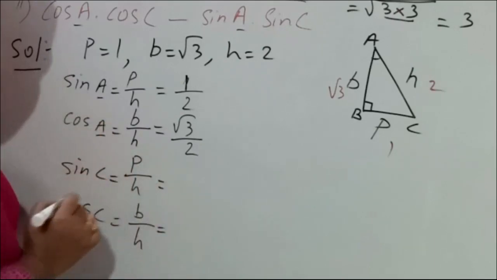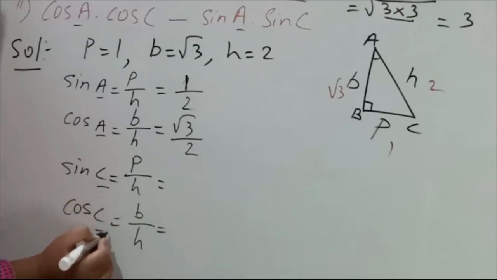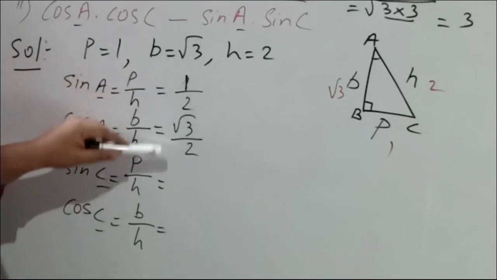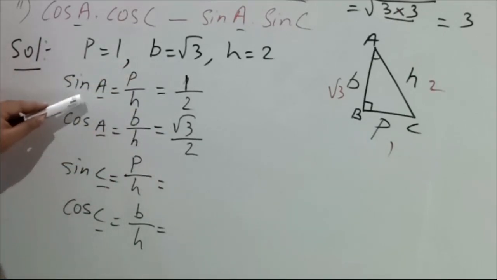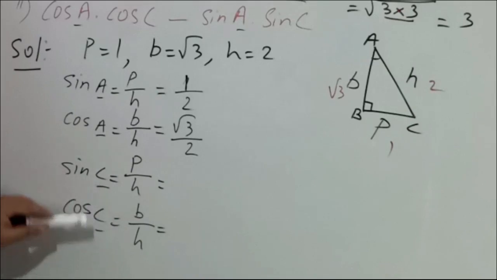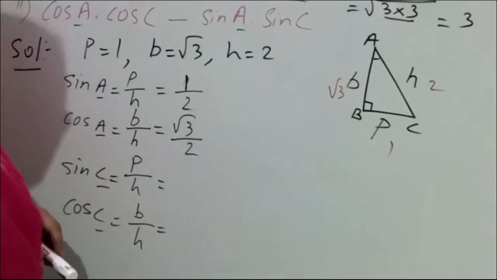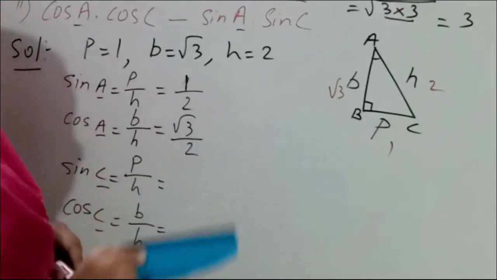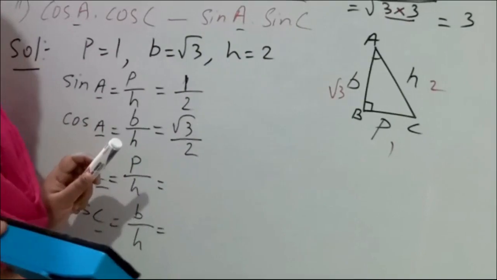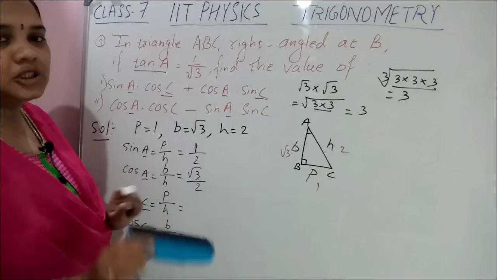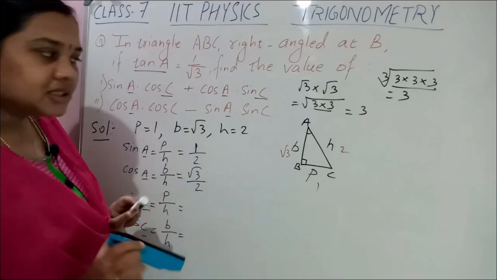But observe one thing: the angle of reference is now angle C. Earlier we calculated for angle A. As I already said, whatever the angle of reference, the hypotenuse will not change, but the positions of perpendicular and base will change.